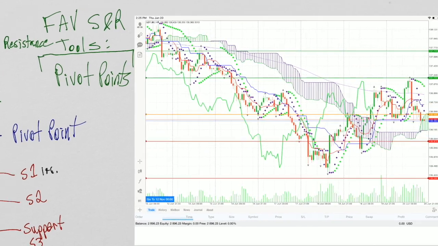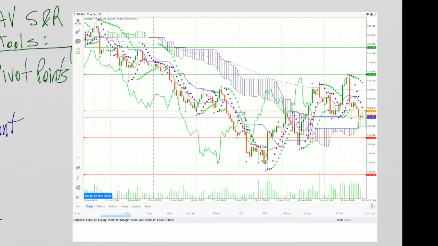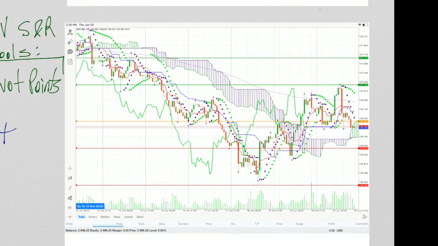You can simply look back in history and kind of draw a line over similar areas where candles have rejected. So where the tops of candles line up across the chart, or where the bottoms of candles line up across the chart.